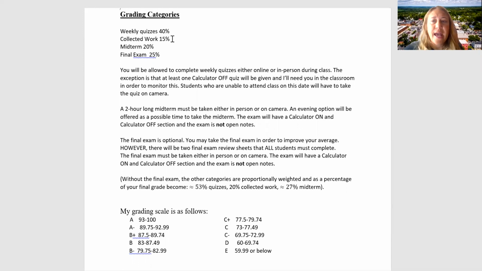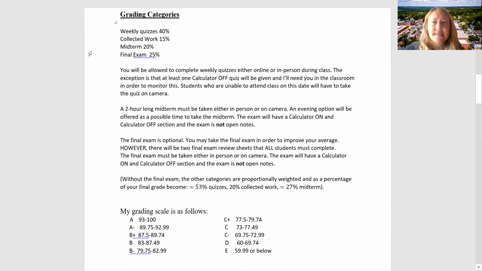And if you have a passing average by the time we finish all of the quizzes, then you don't have to take the final exam. The only people who will need to take the final exam are people who are not passing and need to improve their grade by showing that in the end you did learn the necessary material.